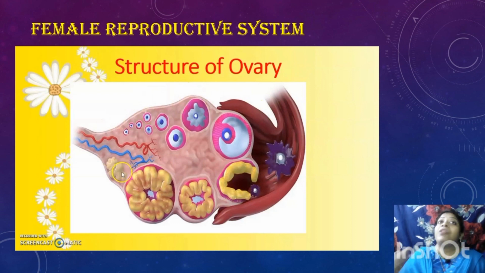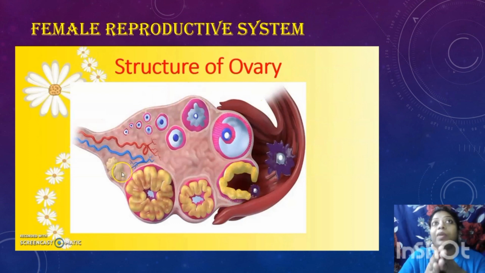The female reproductive system has very important functions. What are the two important functions of the female reproductive system? Of course, the first important one is the production of the female gametes. So what is the male gamete? Last class we saw the sperm, right? In females, the female gamete produced is called the egg.